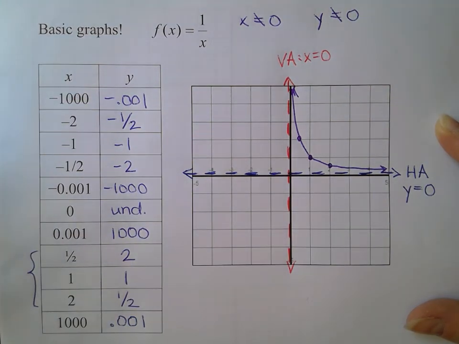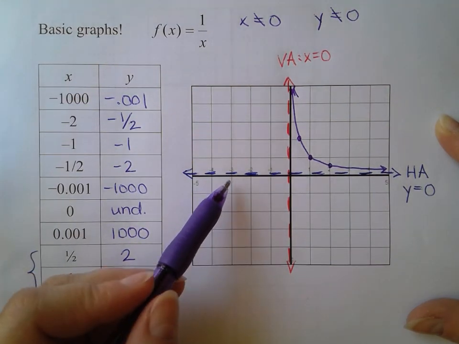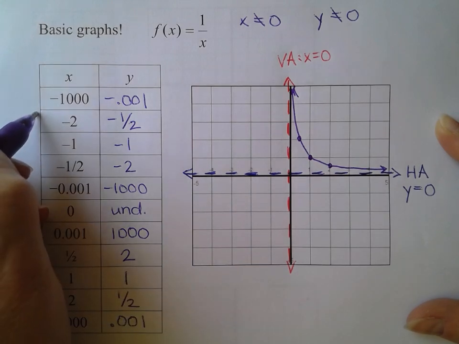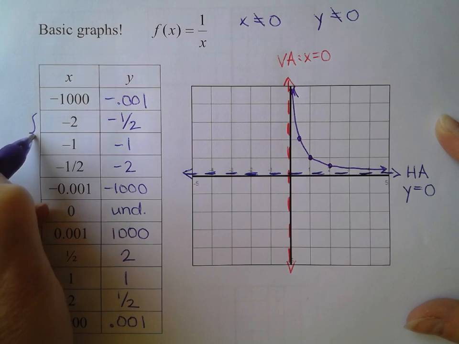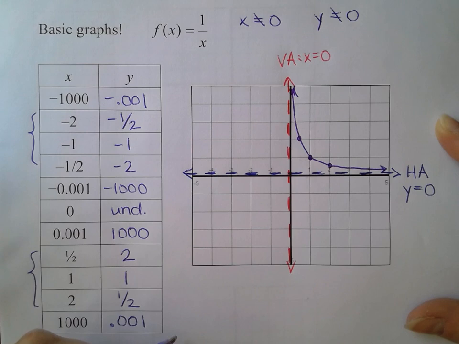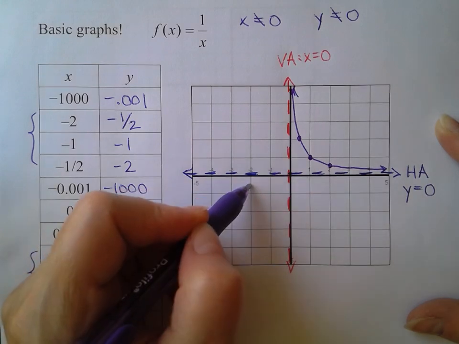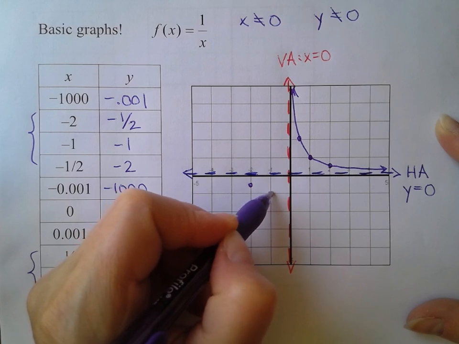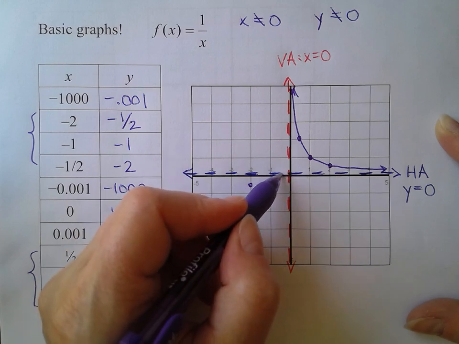Okay, so if I make x negative, y is also negative, which means I'm over here in quadrant 3. These 3 points in the middle are the easiest to plot. So I've got negative 2, negative 1/2, negative 1, negative 1, and negative 1/2, negative 2.